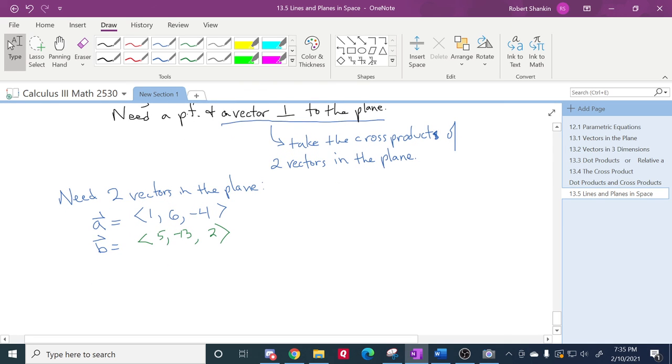All right, so my vector n is going to be these 2 vectors in the plane cross product each other.